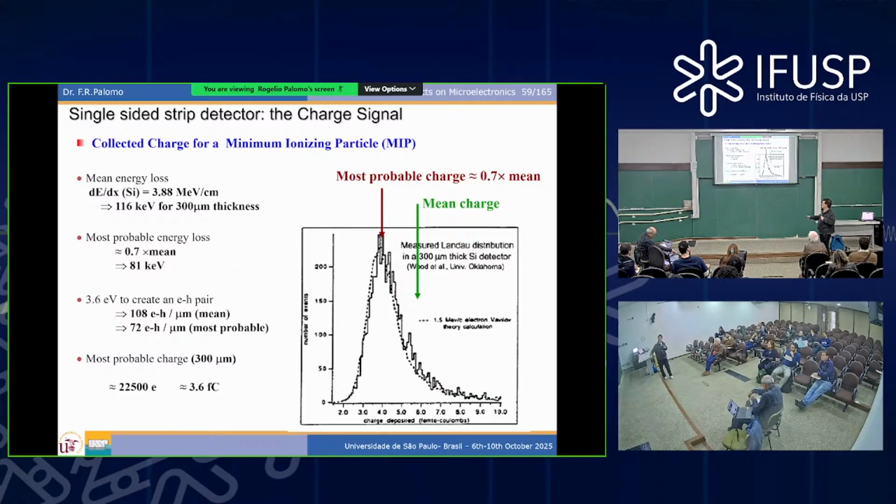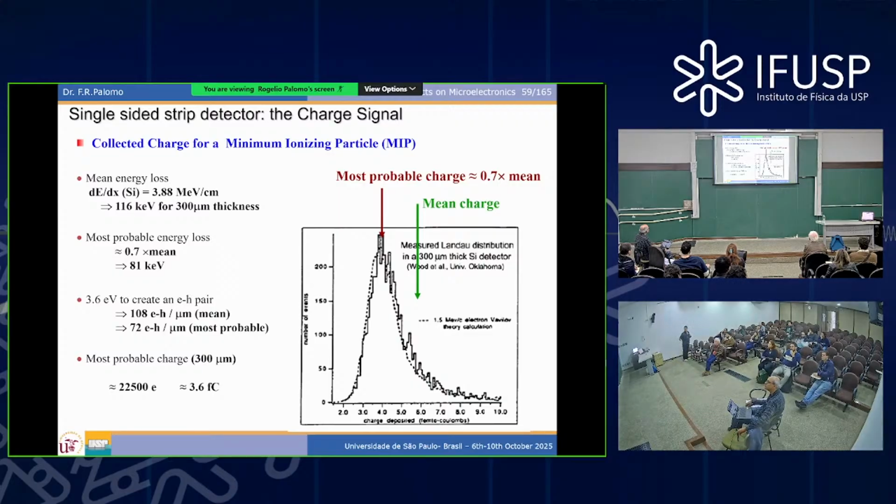Typically, we use the most probable charge, but the mean charge is here. So take into account that when we use the typical figure, 25,000 electron-hole pairs, in reality it is less. Our minimum ionizing particle is defined as the one that deposits 3.6 femtocoulombs in 300 micrometers. That's the standard gauge for calibration, in a 300 micrometer thickness of the diode.